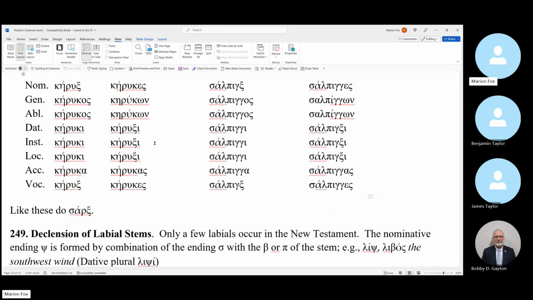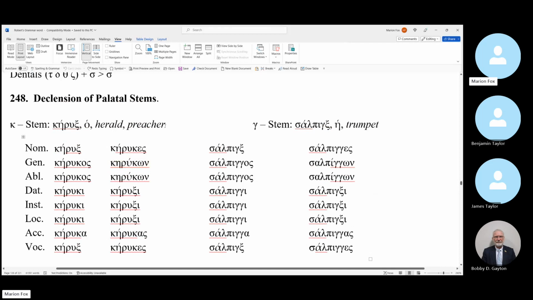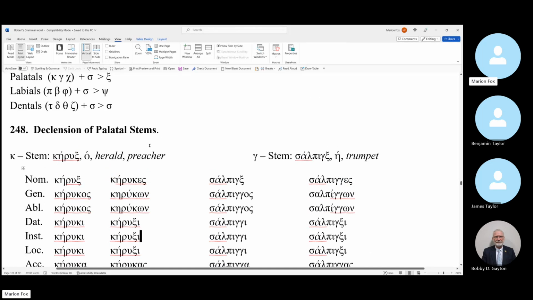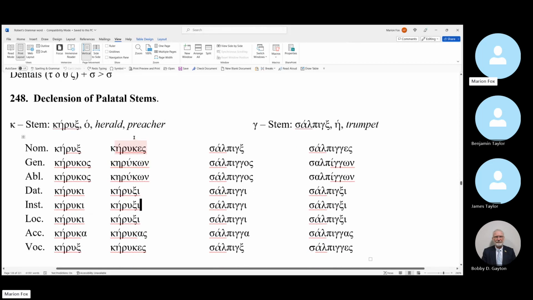Okay. Now, let's take the word trumpet. Karux, a preacher, is a herald. In the days when a lot of people couldn't read and write, they had town criers. They used to have them in the colonial United States. Some man would go to the street corner and shout out, and he'd read to the people.